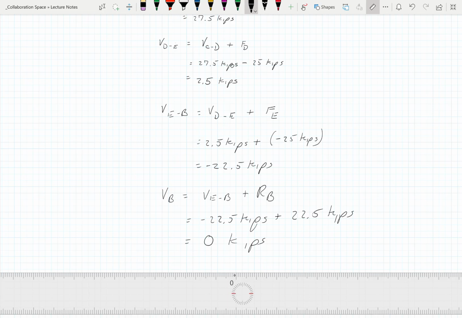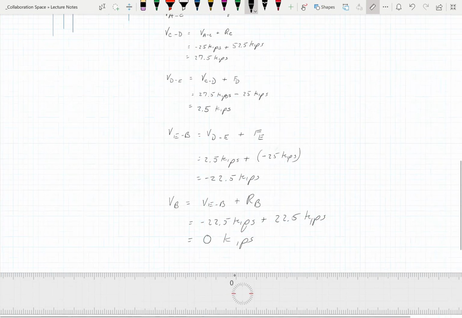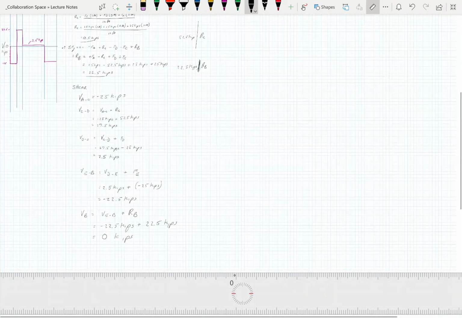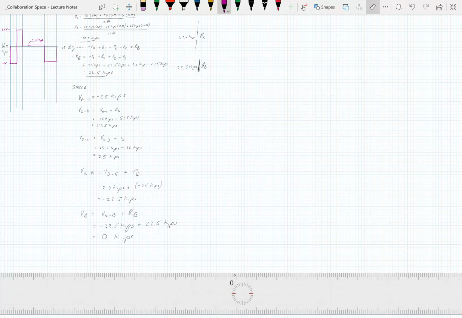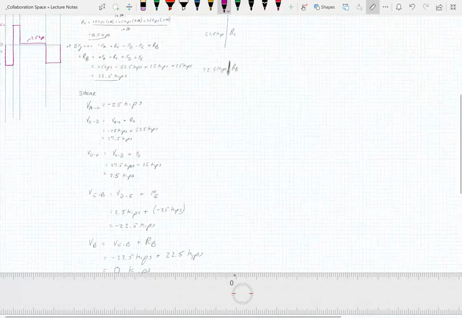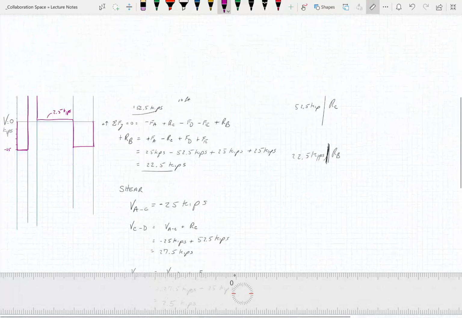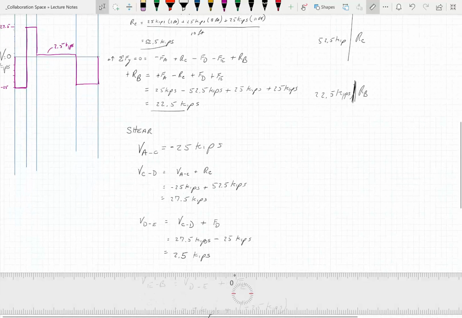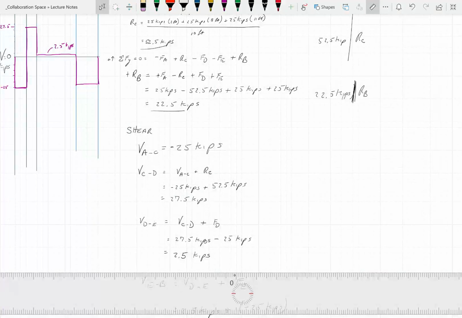Now, I should put it in the drawing here. So that goes back up to 0. What happens if a number doesn't come out to 0, and it's only off by like point something? Rounding error, okay? You do want to check it, make sure you didn't make some horrible mistake.